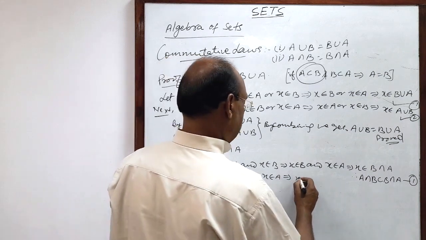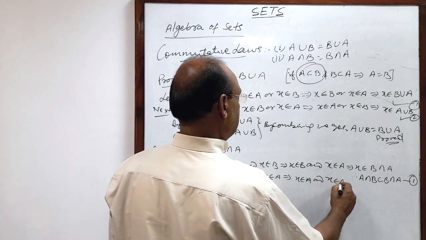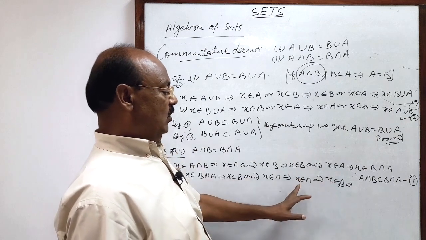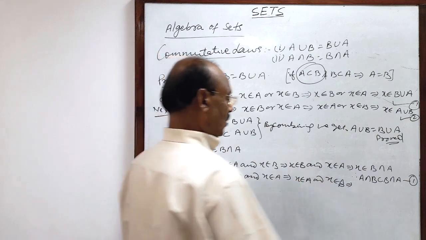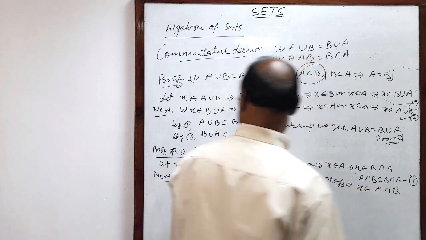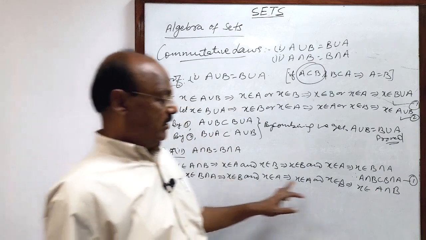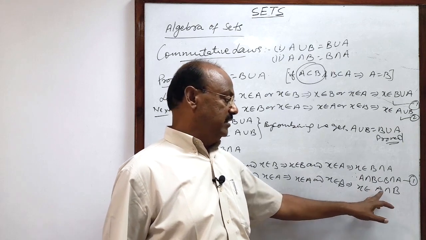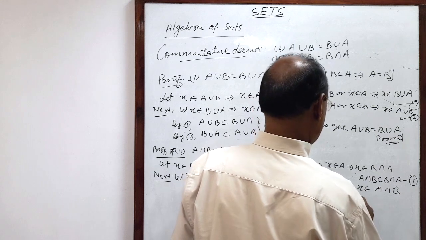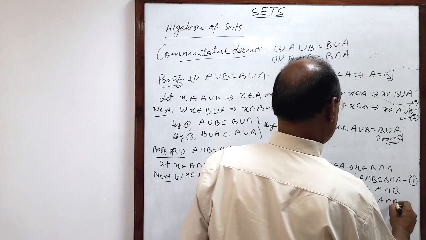So this implies X belongs to set A and X belongs to set B. And X belonging to both the sets means X belongs to the intersection of these two sets. So X belongs to A intersection B. You see, we started from X belonging to B intersection A, and we come to the same element X belonging to A intersection B. This shows that B intersection A is a subset of A intersection B.